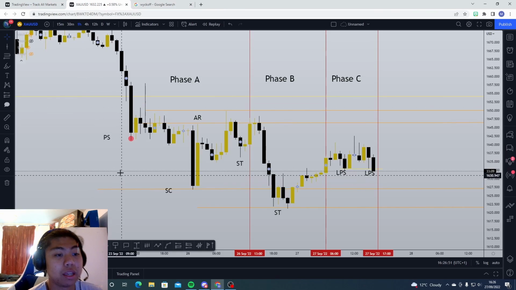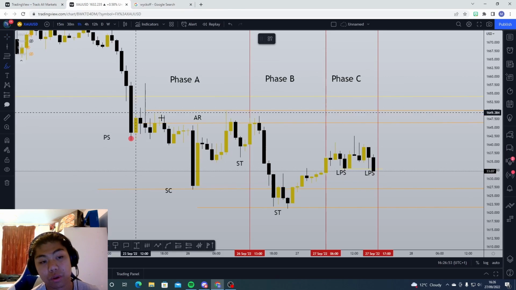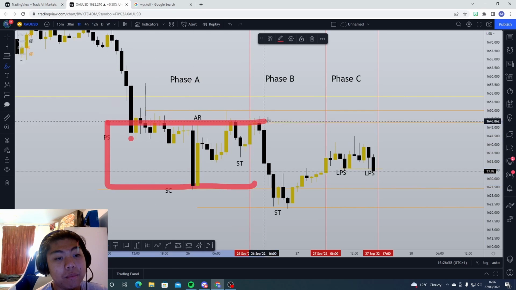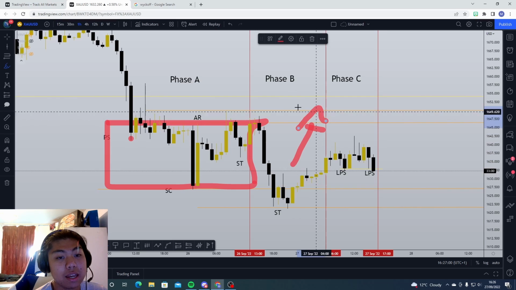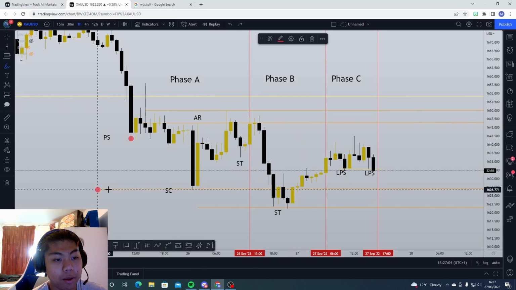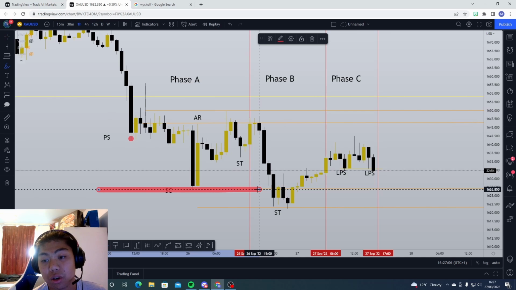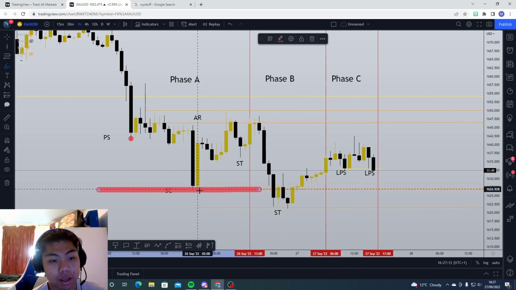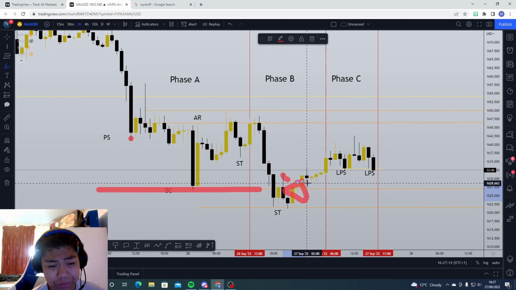What's actually happening here is that big banks, institutions, are loading up their orders to push to the upside. We create a selling climax over here where loads of sell stops would potentially be, as price pushes down.